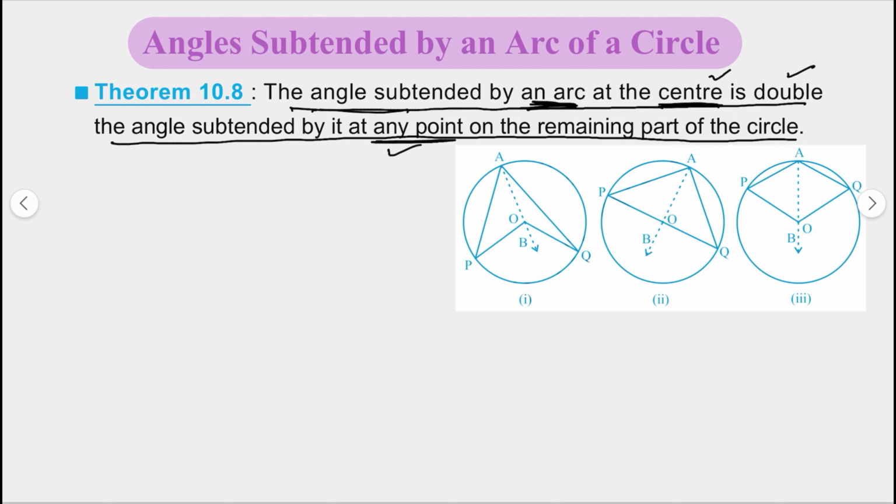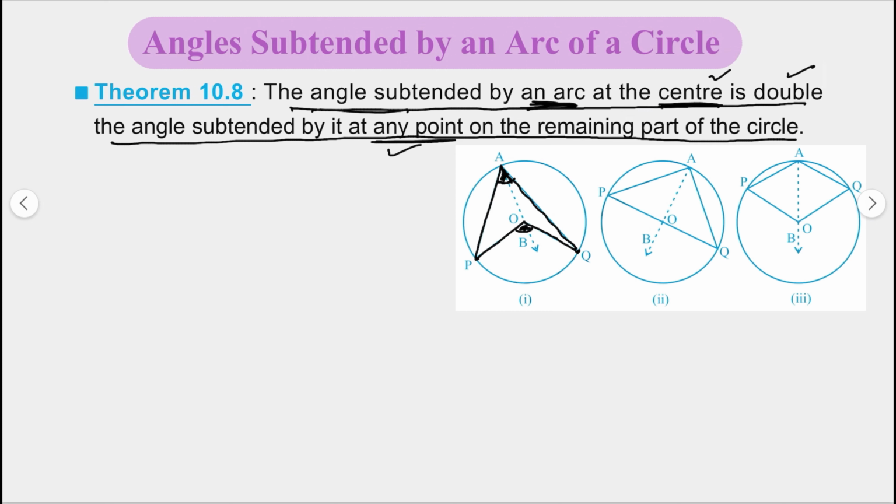For example, in this figure we have the arc PQ. This arc PQ makes one angle at the center, that is POQ, and another angle on the remaining part of the circle, which is PAQ. You can clearly notice that the measure of the angle at the center is double the measure of the angle on the remaining part of the circle.